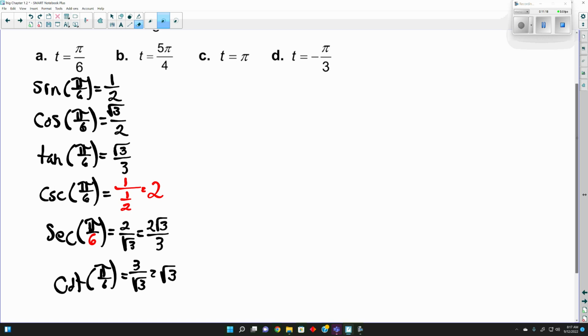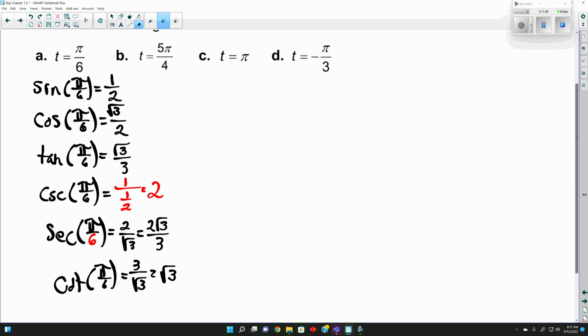Any questions over this here, how we found sine, cosine, tangent, cosecant, secant, and cotangent? No? Now, to keep secant and cosecant straight, of which one they work with, I always think it's kind of the opposite.